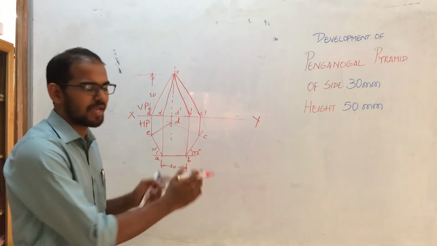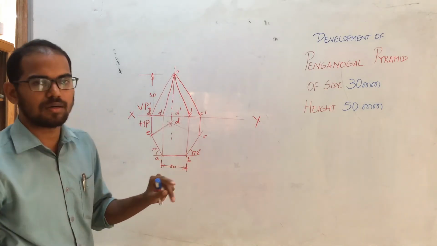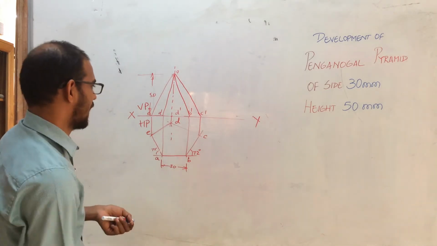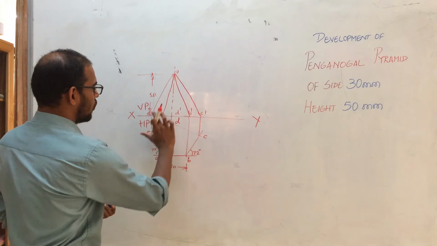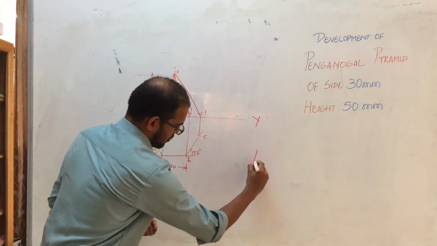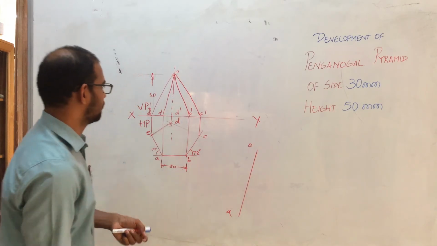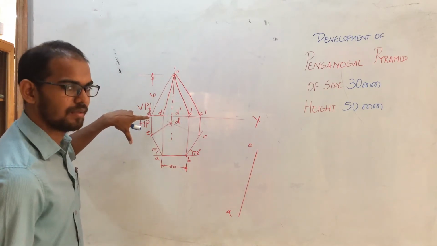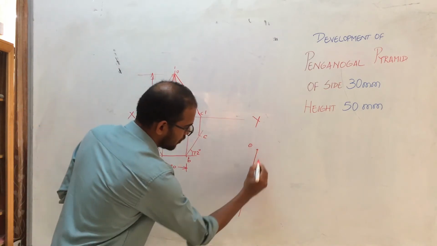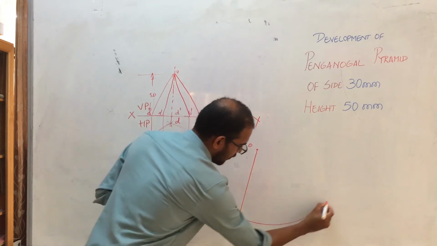Now the second step is to develop this pentagonal pyramid so that we can create it using sheet metal. To do that, we have to take this OE as radius. Initially, draw one straight line of this length OE. Then take this as radius and O as center, and draw one arc.